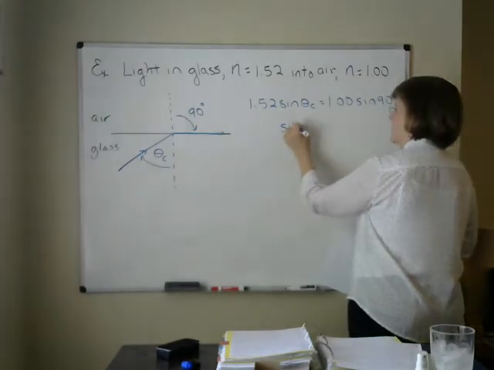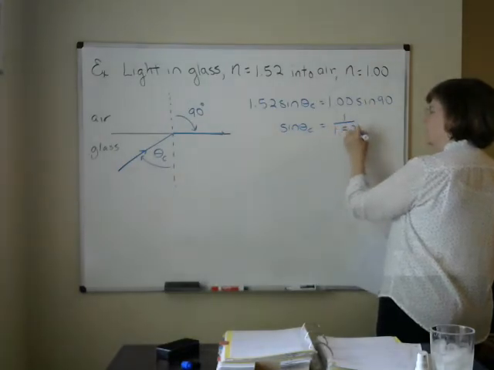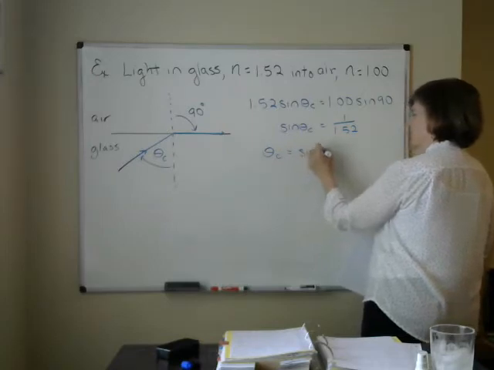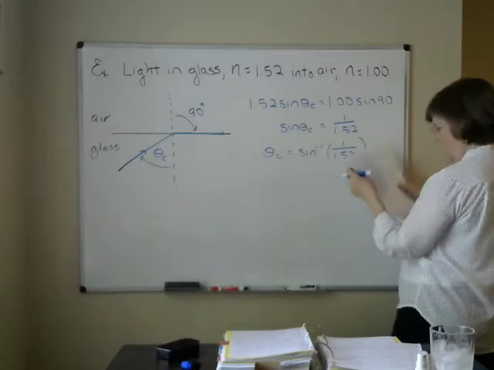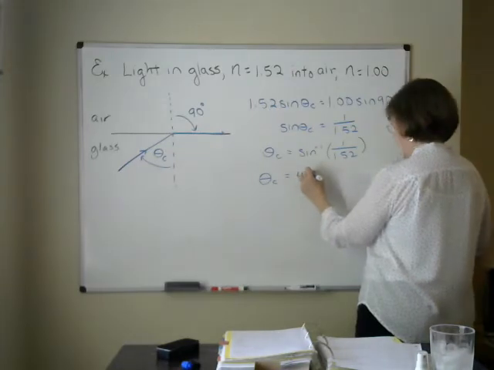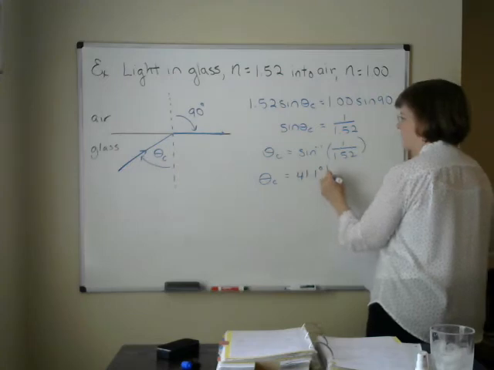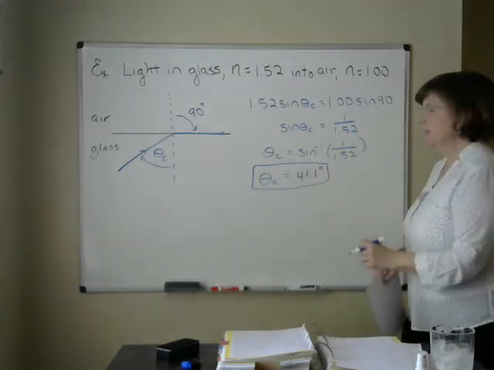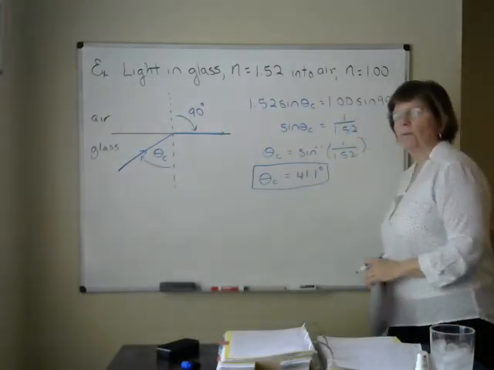So sine theta critical will equal 1 over 1.52. I just have to do a sine inverse. And I get that the critical angle is 41.1 degrees. So right about 41 degrees. What that means is anytime this angle is 41 degrees or more, none of the light will escape.